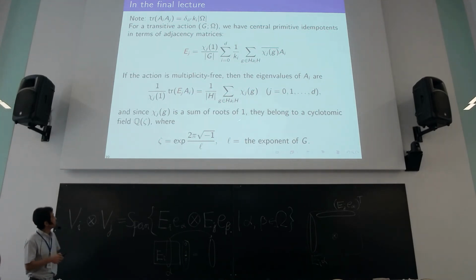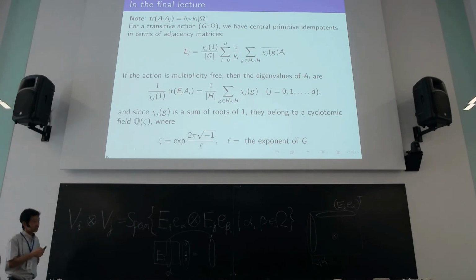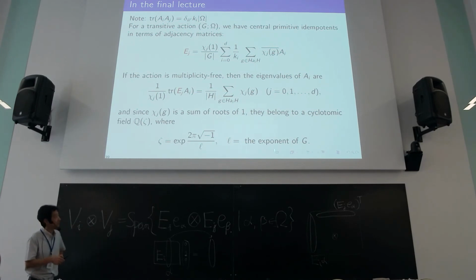So they belong to a certain field extension obtained by adjoining a root of unity. In this case, L is the root of unity, and it is sufficient to take L to be the exponent of G.